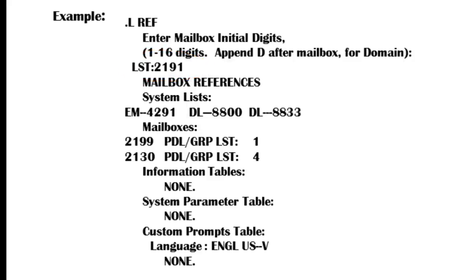The report shows us mailbox 2191 is linked with extended mailbox 4291 and system distribution list 8800 and 8833. It is also included in the personal distribution list 1 for mailbox 2199 and in the personal distribution list 4 for mailbox 2130 and does not appear in any additional tables.